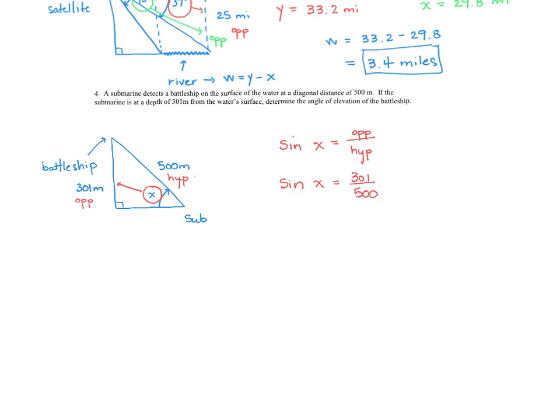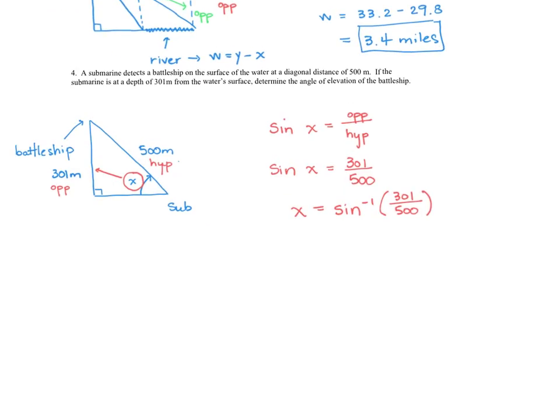And when I take the inverse trig function of the left-hand side, I'm left with just x. And when I take the inverse trig function of the right-hand side, remember it comes out front, the inverse sine of 301 over 500, if we plug that into our calculator, we'll find the angle of elevation to the battleship. When you plug that in, to the nearest degree, you should get 37 degrees.